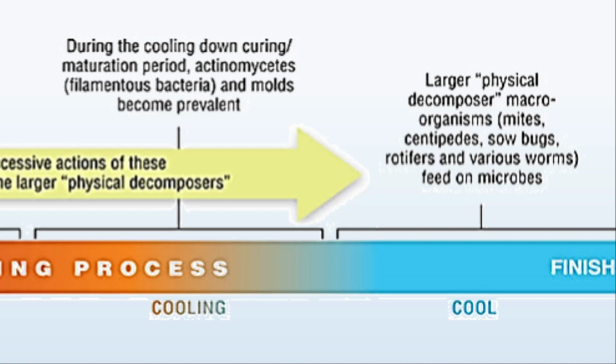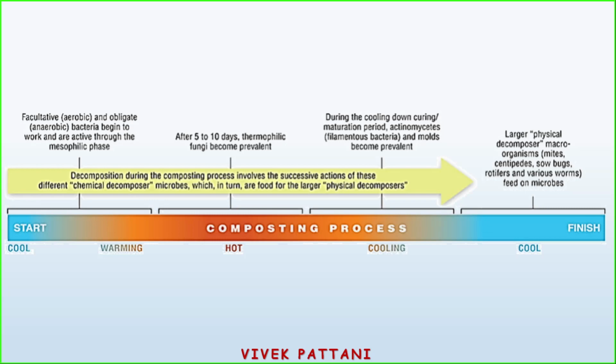The temperature needed to achieve the maximal rates of organic matter decomposition is around 50 to 60 degrees Celsius. The self-heating typically raises the temperature inside the static compost pile to almost 55 to 60 degrees Celsius or above in 2 or 3 days under favorable conditions.